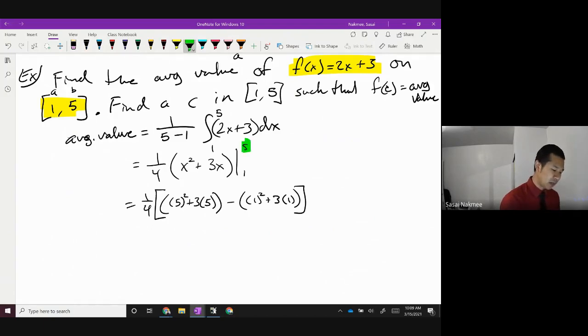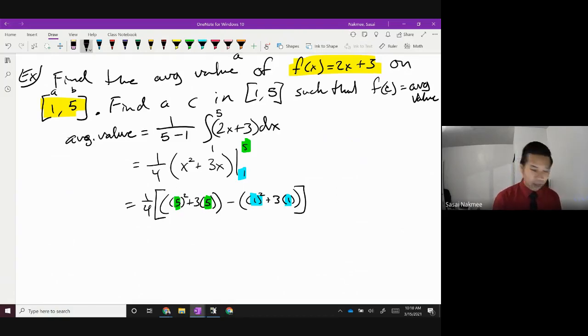So this 5 is being plugged into x here and here, like so. And then I'm plugging in my 1 for x over here and here, and I'm subtracting the 2. If you guys remember, that is the fundamental theorem of calculus, that allows us to do that. It's the antiderivative evaluated at b minus the antiderivative evaluated at a.